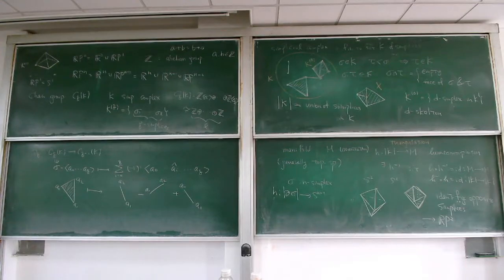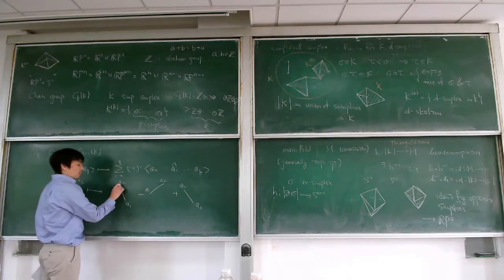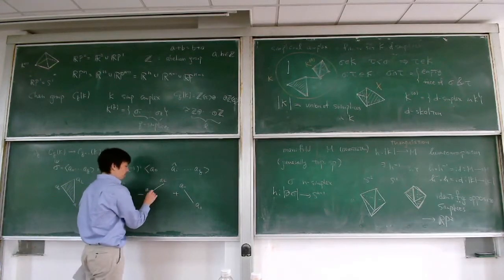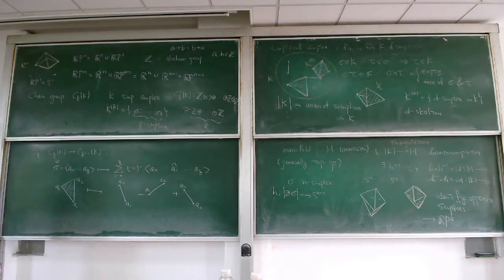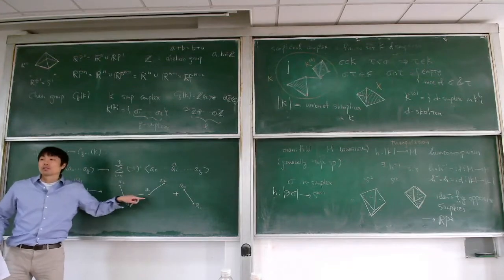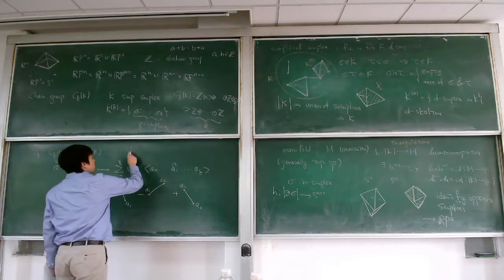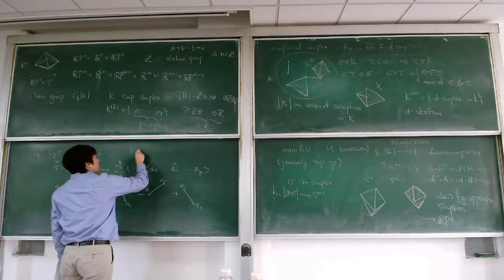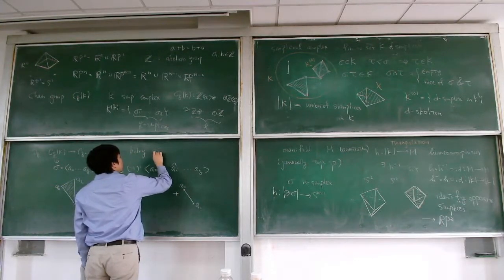So these are one simplices with sign. This is called the boundary homomorphism, or boundary map.